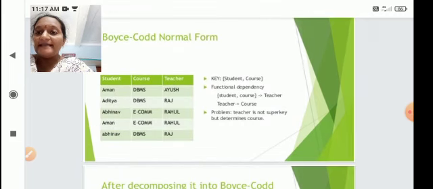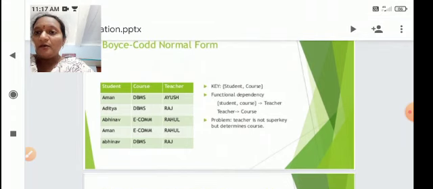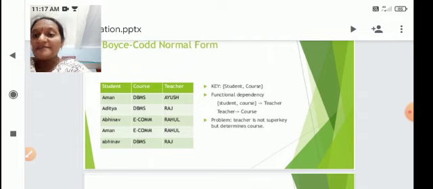We have one example for Boyce-Codd normal form. We have three column names: student, course, teacher. When we see the table, the same names are repeated multiple times.